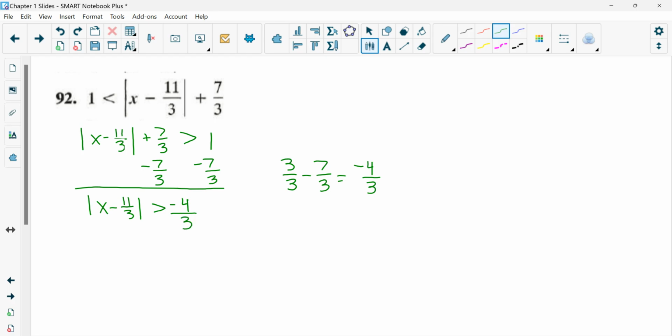Now, if you notice, that absolute value is isolated, right? And it has to be greater than a negative number. So when we take the absolute value of anything, what's going to come out? Positive, right? What's going to come out of here is always positive.